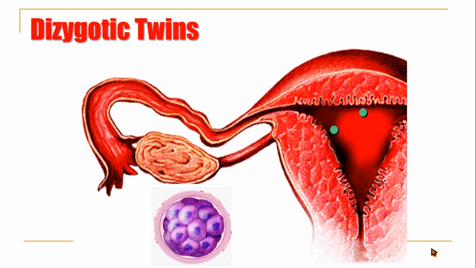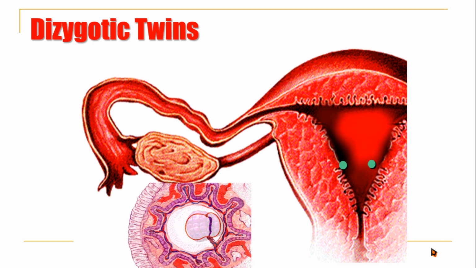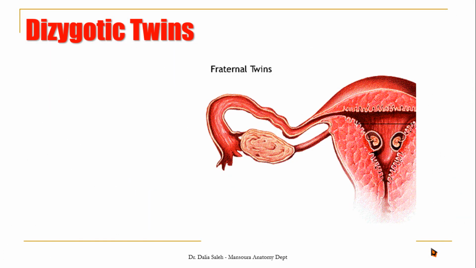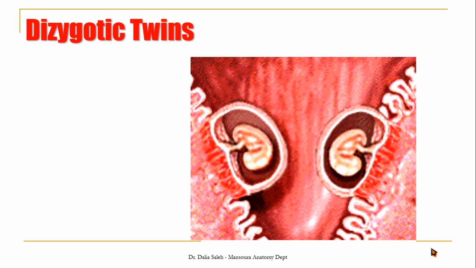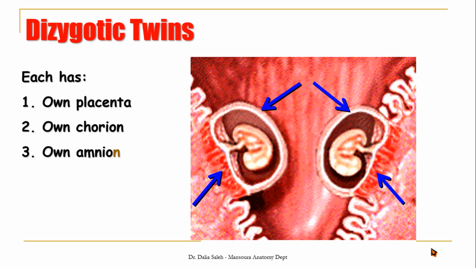The two morulae will travel inside the uterus, and each will implant and develop into a separate embryo, as we can see here. So these dizygotic twins each has his own placenta, his own chorion, and his own amnion.